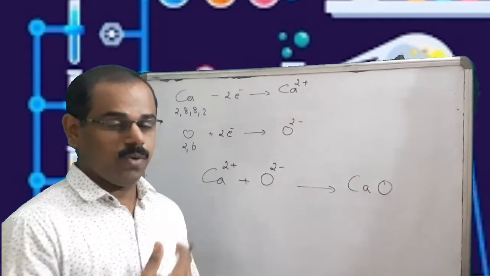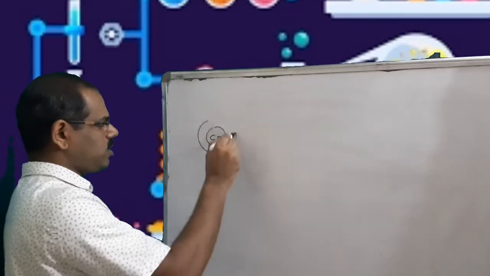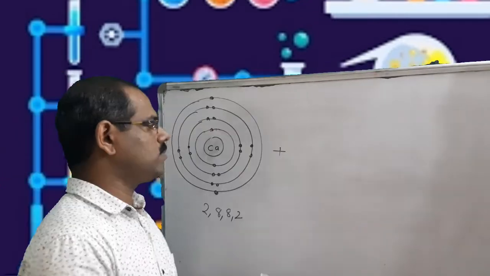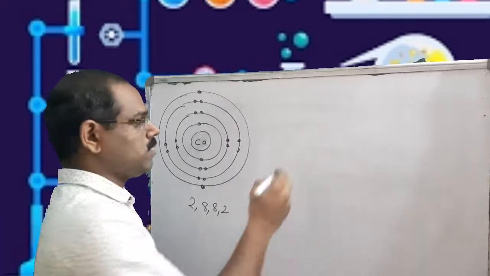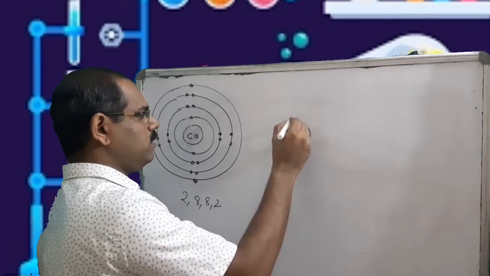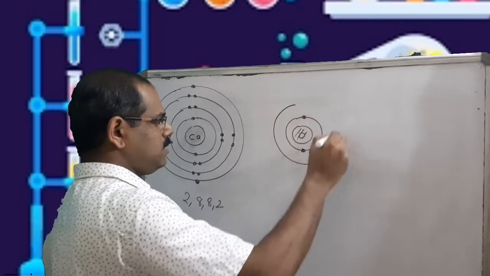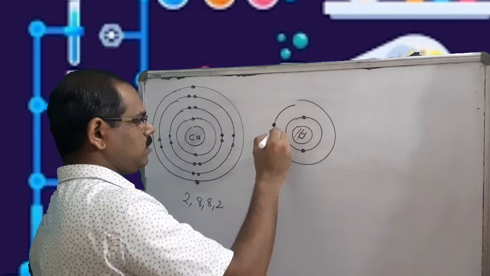Now we see the orbit structure. The nucleus of calcium, K shell. So it combines to oxygen. The nucleus of oxygen with 2 electrons and 6 electrons.